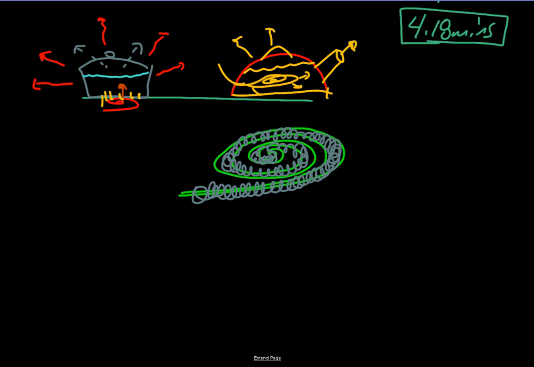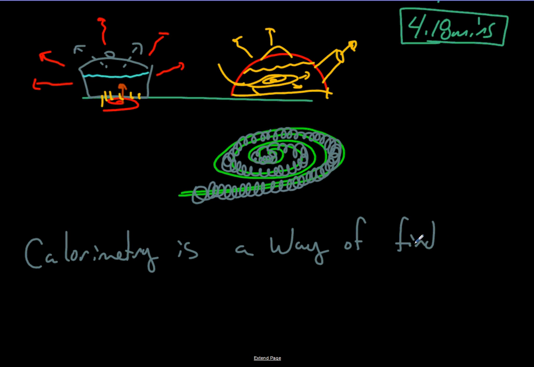Okay, so another kind of problem you'll get is a calorimetry problem. So what's calorimetry? Calorimetry is a way of finding an unknown heat capacity.